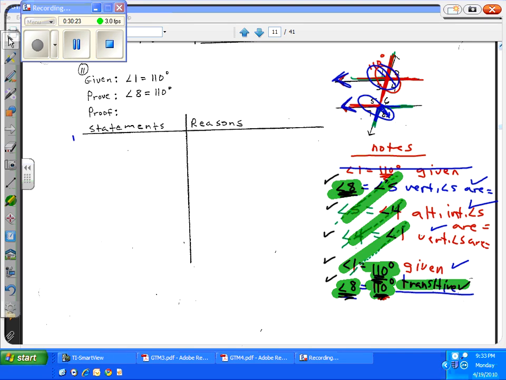Notice that I didn't necessarily make my given statement first. I put it in a logical order to make it look like transitive property. So we're going to say statement 1, angle 8 is equal to angle 5. Reason, vertical angles are equal. Statement 2, angle 5 is equal to angle 4.